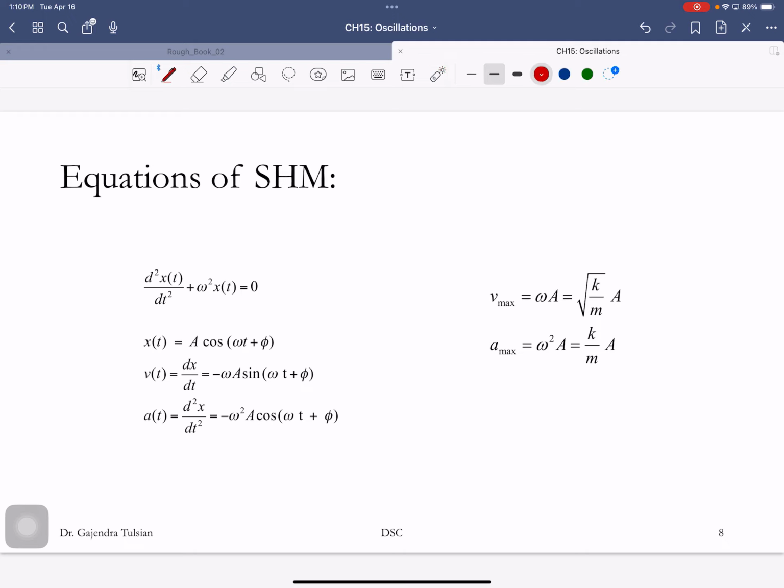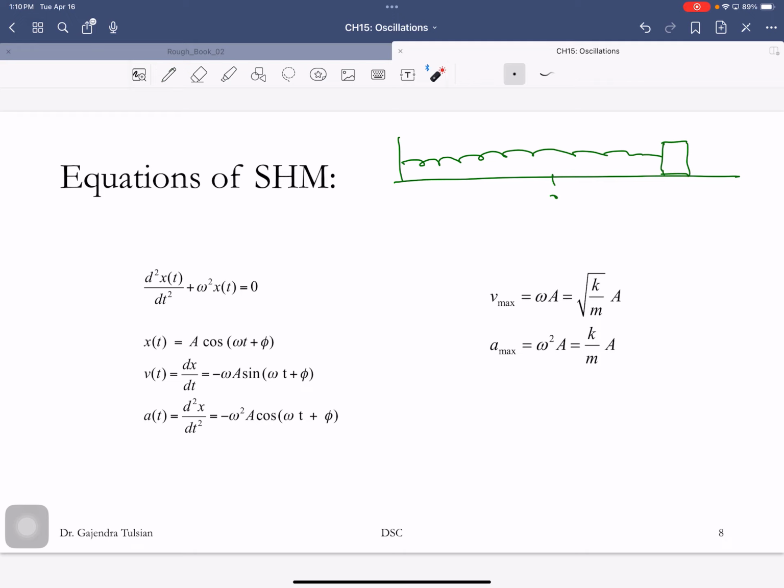All right, so going back to this diagram. Let's say I pull this guy over here and let go. When will the speed be maximum?